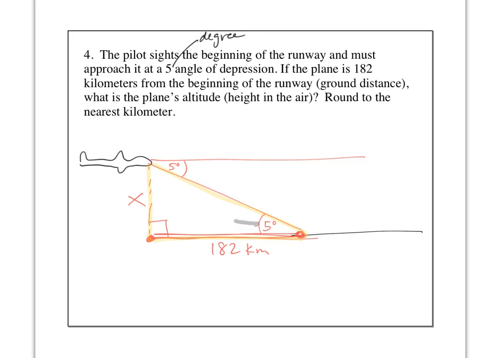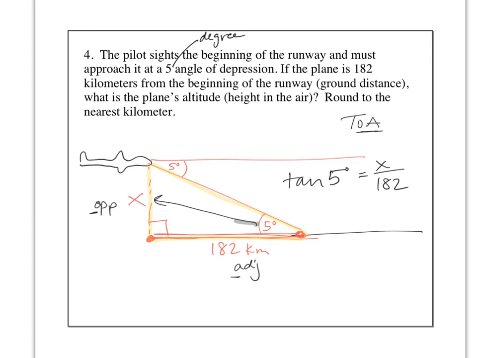From the 5 degrees, the x is opposite. The 182 is adjacent. O and A, again, are part of TOA. Kind of a fluke. We're doing lots of tangents today. So T stands for tangent. Follow it with the degrees. Equals opposite over adjacent. I like this one.